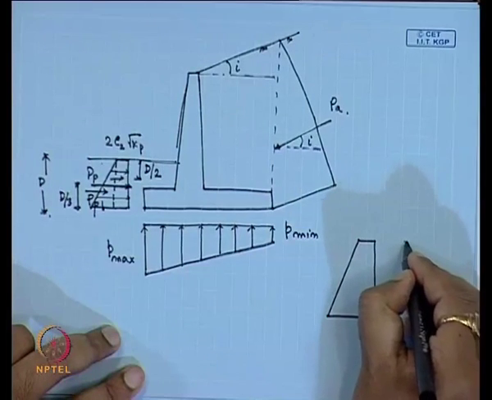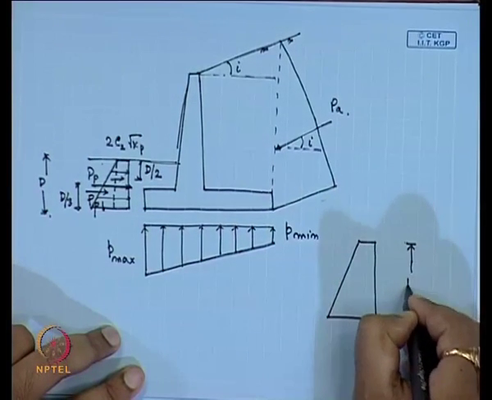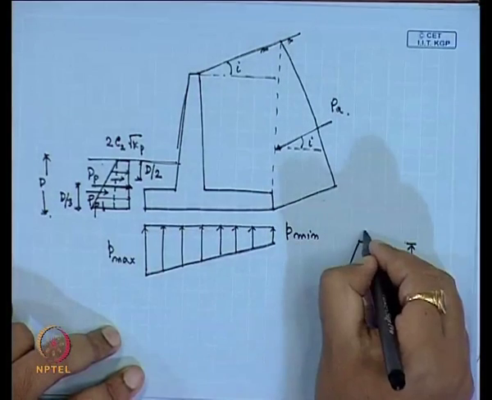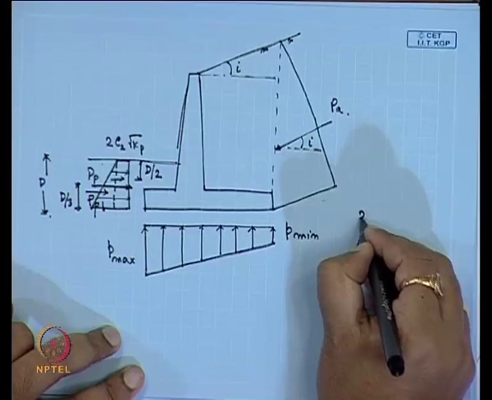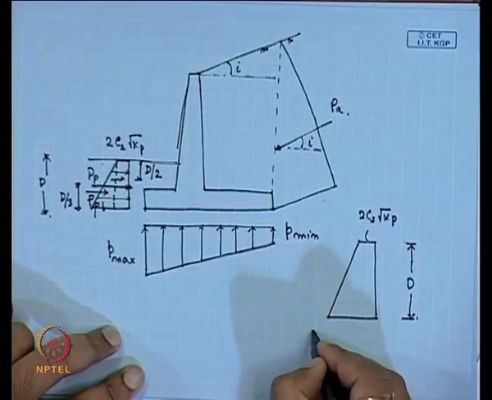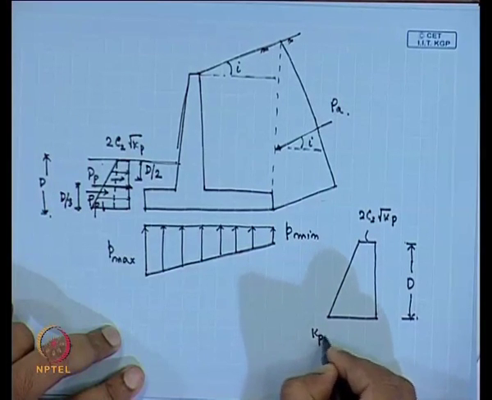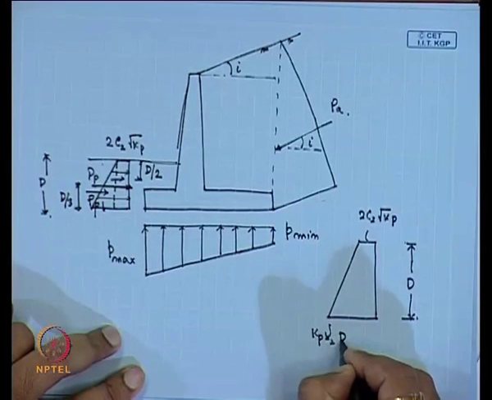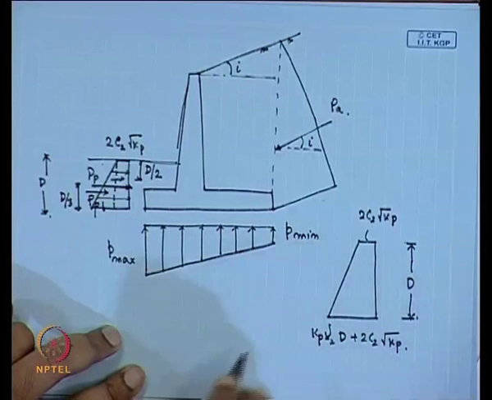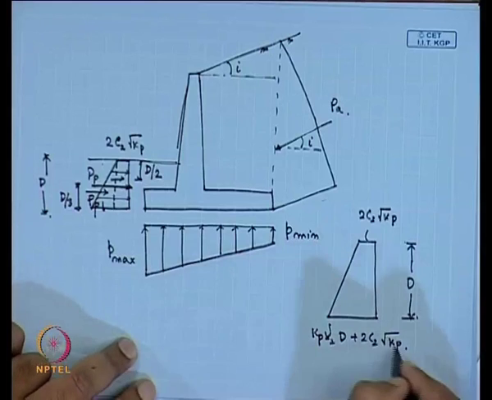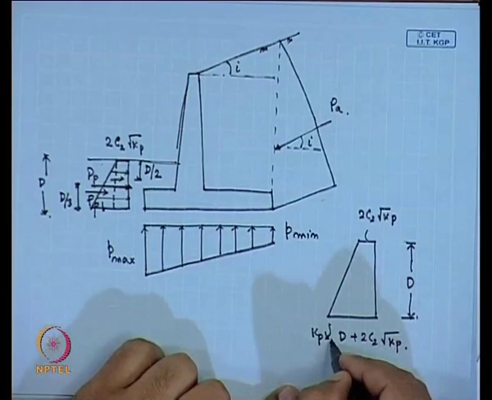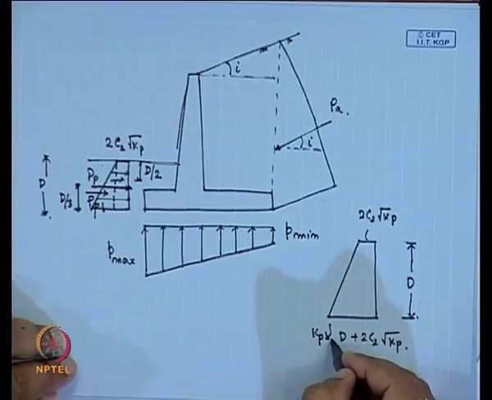This is the depth d of the foundation soil, and the stress value at the top is 2 C 2 root K p, and the value at the bottom is K p gamma 2 d plus 2 C 2 root K p, where K p is the coefficient of passive earth pressure and gamma 2 is the unit weight of the base soil.